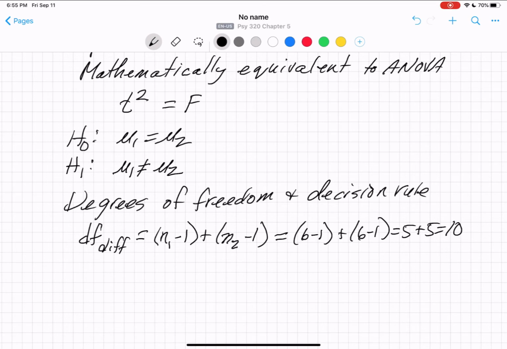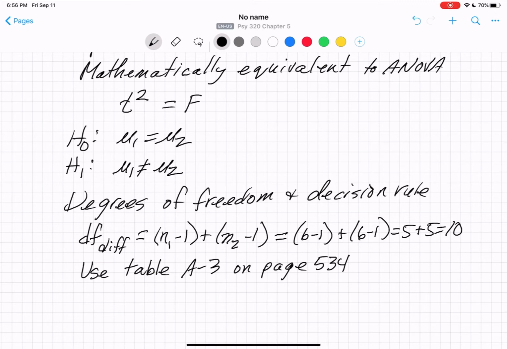Okay. And there is a special table, the t-table, to find our critical value. So we use table A3. It's on page 534 in your book.